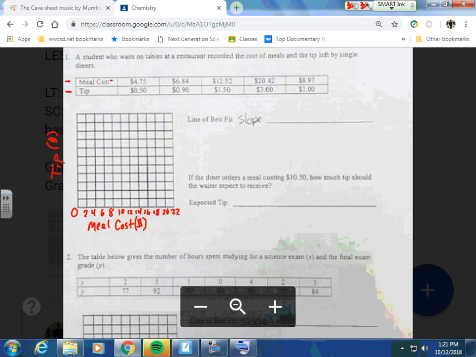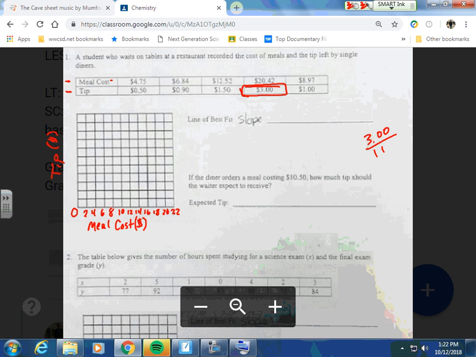Now we got to figure out the tip side. And the tip side is 1, 2, 3, 4, 5, 6, 7, 8, 9, 10, 11 there too. All right? So on the tip side, my highest value is 3. Okay? So I've got to get to 3. I have 11 spots to do so.